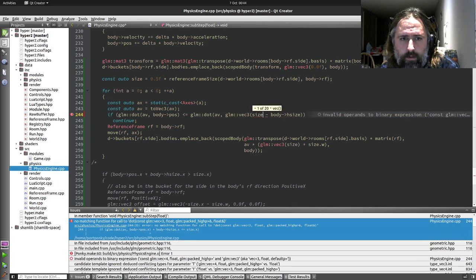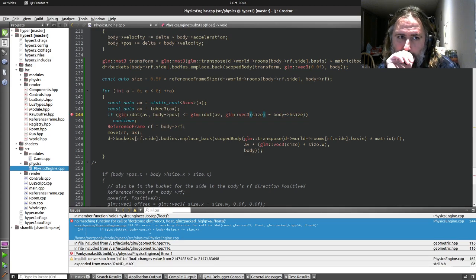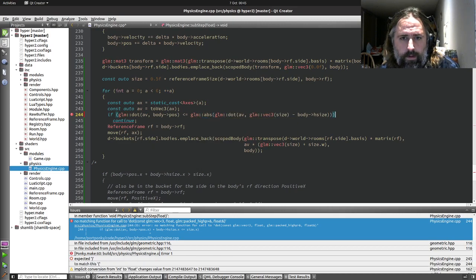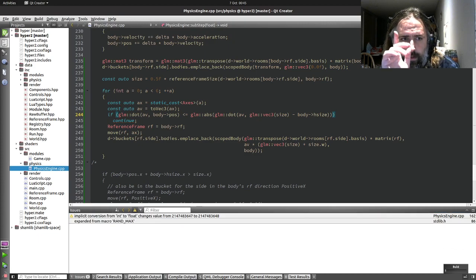Converting that to a 4D vector has been very... Okay, so we really want an absolute of that. That's what we want.